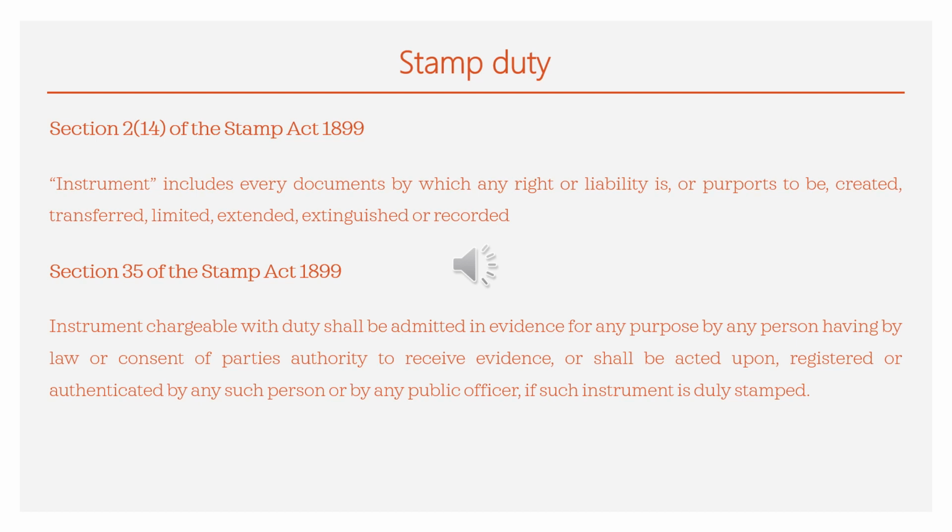In short, Section 35 of the Stamp Act prohibits a court from admitting in evidence any instrument which in its view is not duly stamped. This section also prohibits the court from acting on such a document.